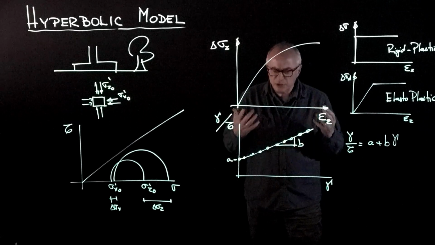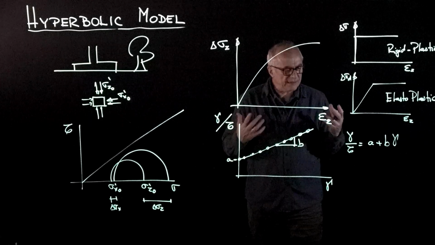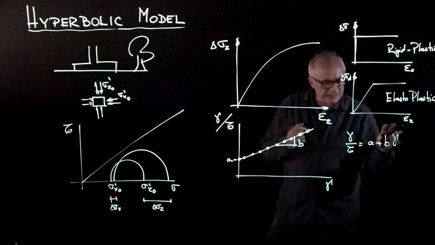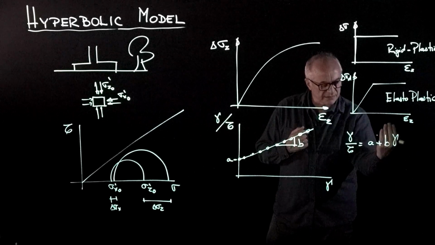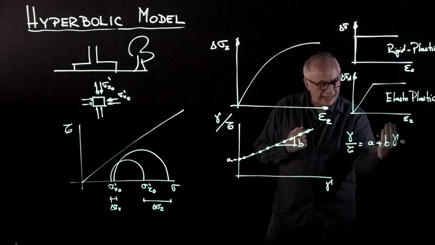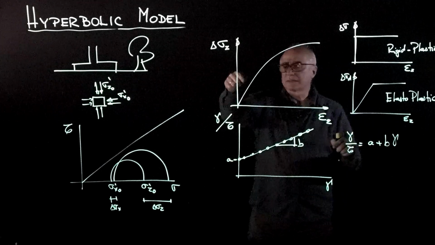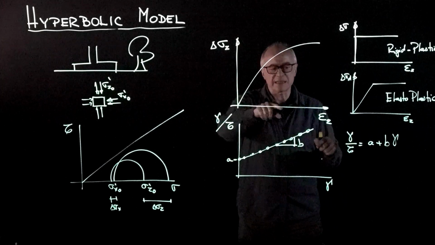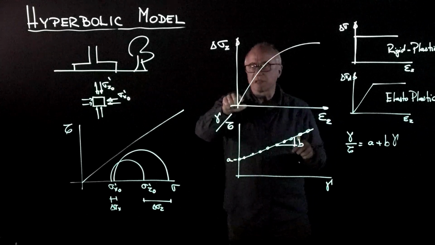And we would like to know what A and B are. So let's think about it. If the strain is very, very small, then this term disappears, and at very small strains, tau over gamma, or delta sigma z over gamma, becomes the slope here.